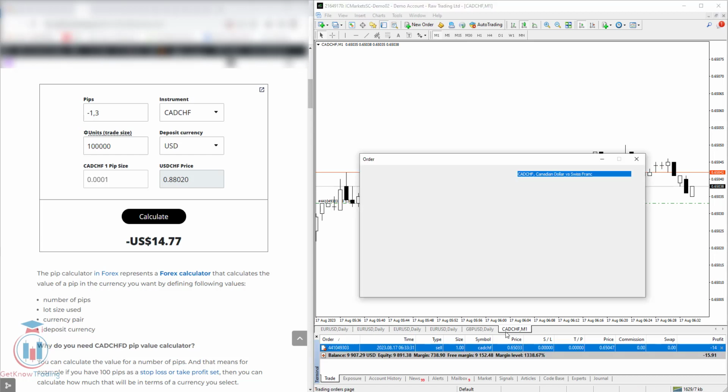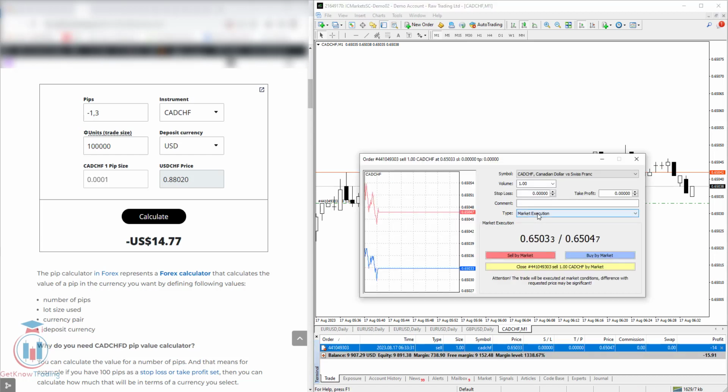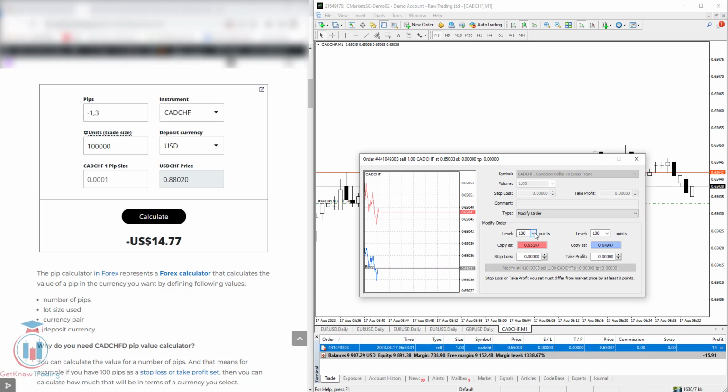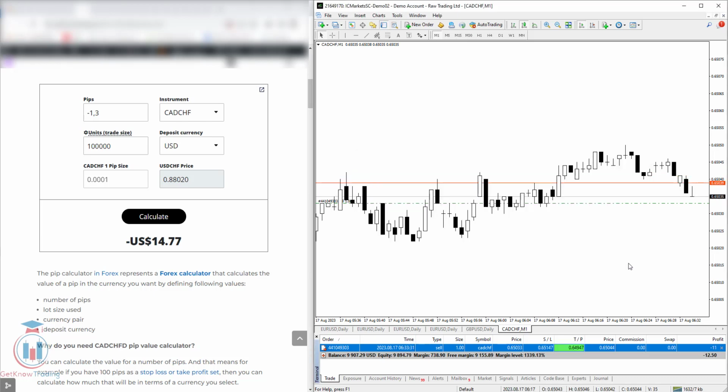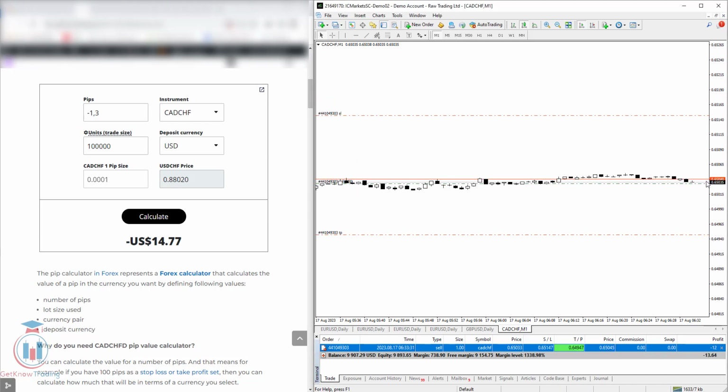So for example, if you would like to put a stop loss or take profit, let's change this one here. Let's put 10 pips for the stop loss and 10 pips for the take profit. Click modify. Let's check them on the trading platform. Here it is, take profit.